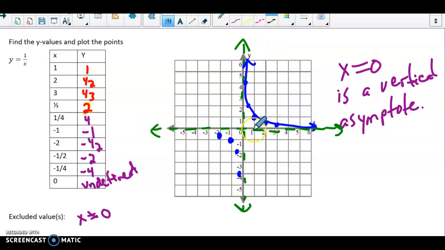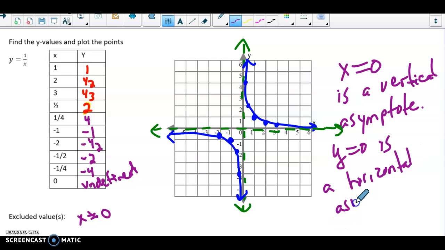It's the same thing that was happening with the positive numbers, only it's down here in the third quadrant. This is what the graph of y equals 1 over x looks like. We have x equals 0 as a vertical asymptote, and we also have y equals 0 as a horizontal asymptote.